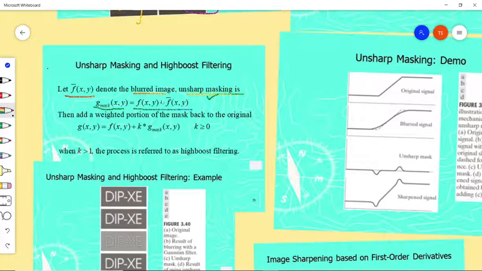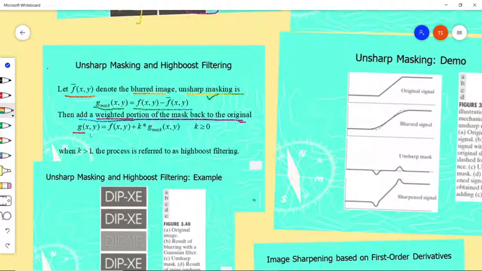We already discussed we are removing the blurred image from the original image, and then add a weighted portion of the mask back to the original one. So some mask we have to add to the original image, that is a weighted portion of the mask.